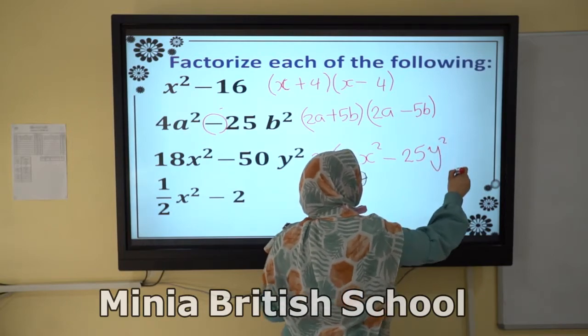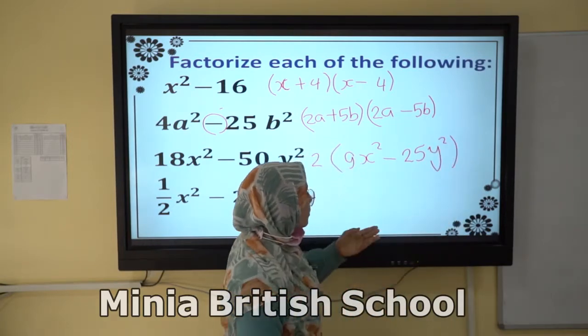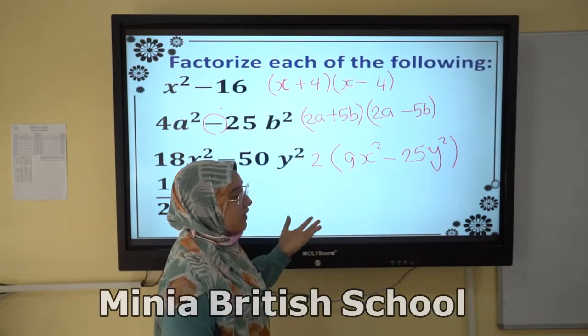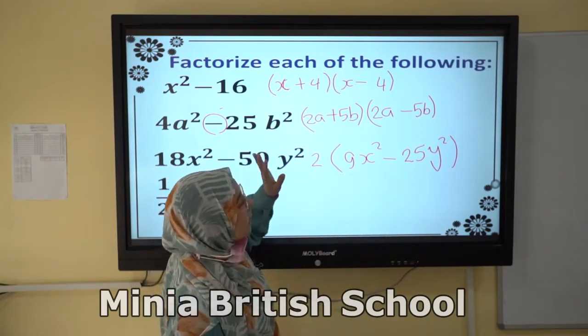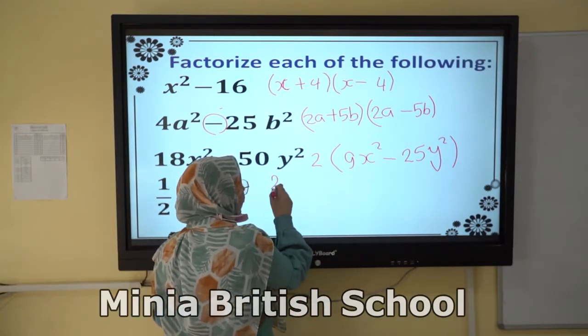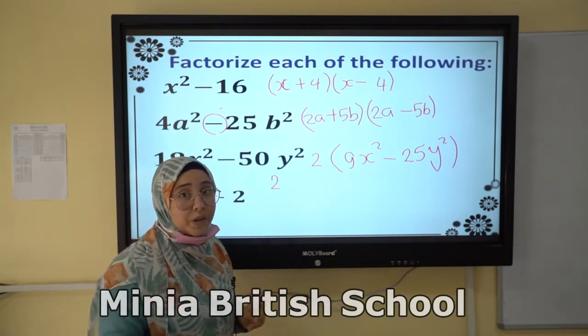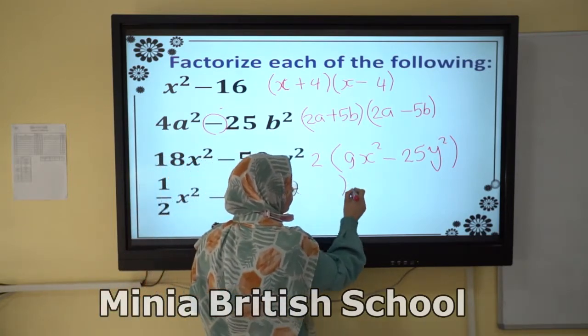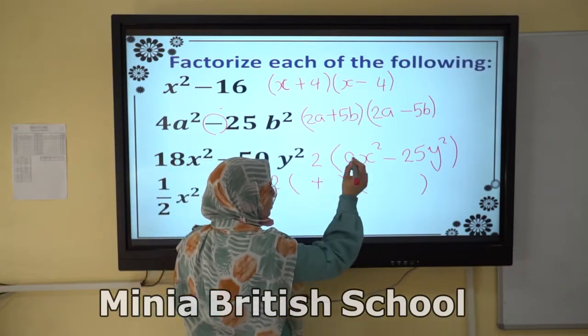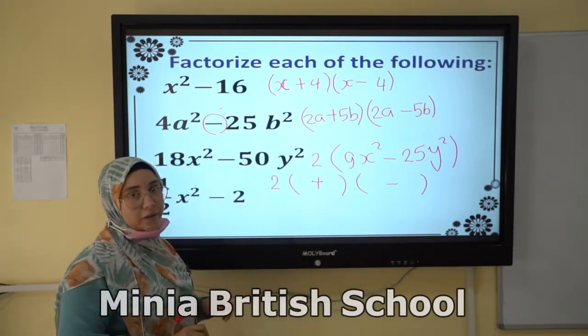So this expression becomes the difference of two squares. Now you can factorize as in the previous steps. Write 2, don't forget it, please. Then open two pairs of arcs, one of them takes the positive sign and the other takes the negative sign.